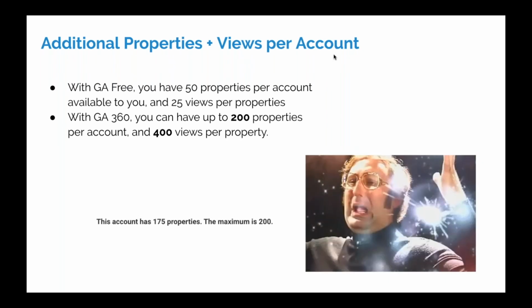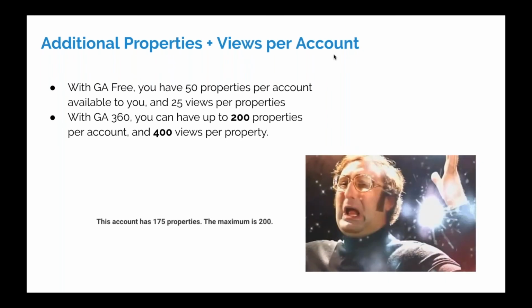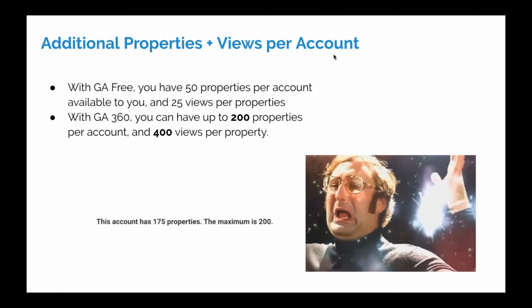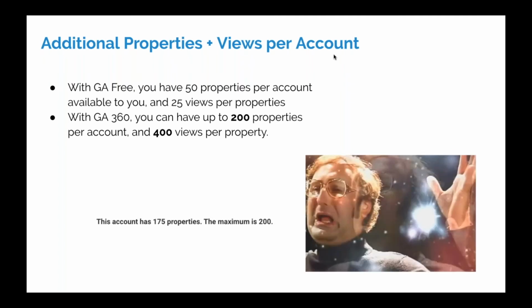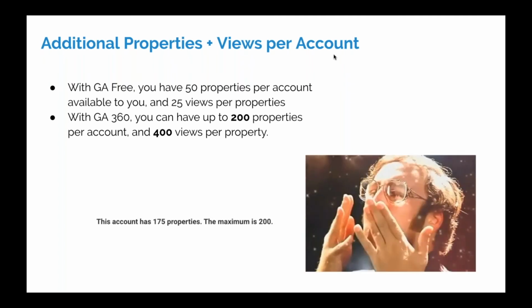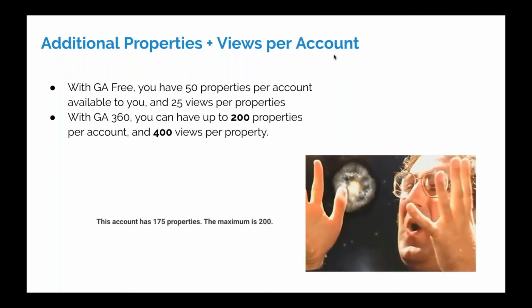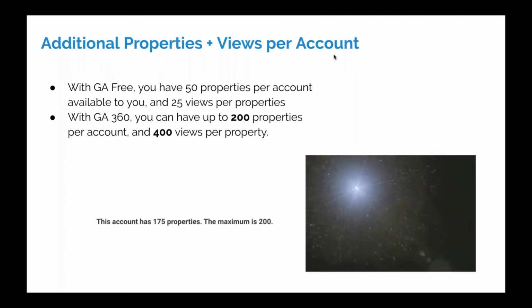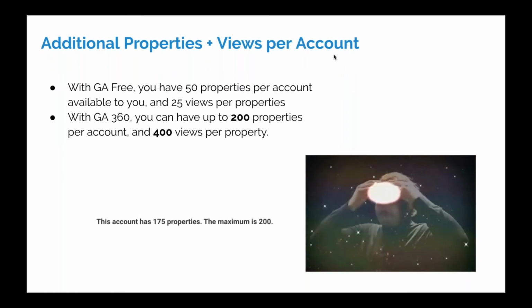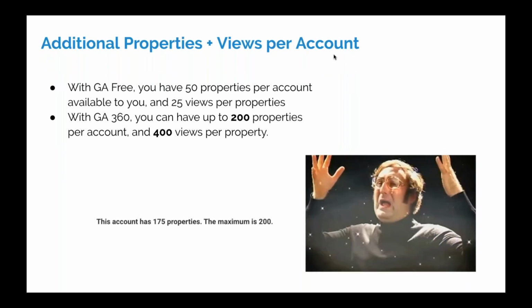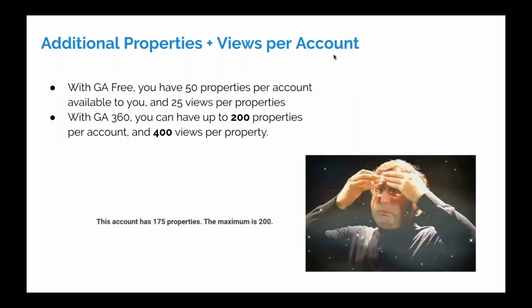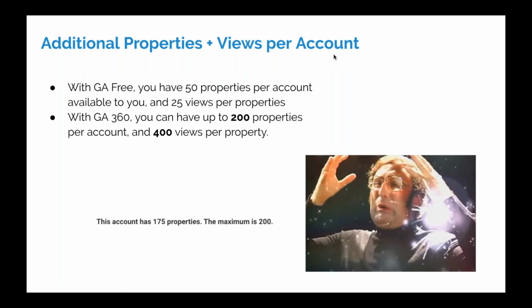But with 360, you have those maybe enterprise organizations, you have a lot of multi-site, multi-brand organizations, CPG type of organizations, maybe you're a media organization with a lot of different brands or sites or channels. That's where the 360 features of the properties and views you have available to you might be the difference between why you might want to upgrade.